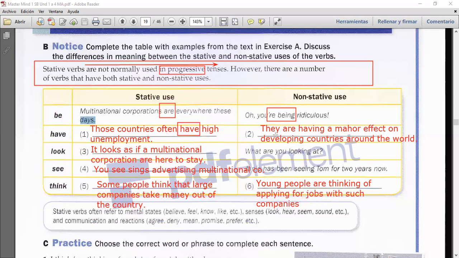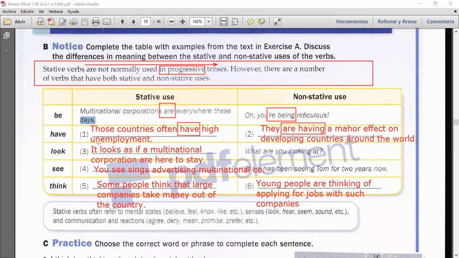Here, they are having a major effect on developed countries around the world. So at that moment, at that time, it's causing an action. Okay, they are having.